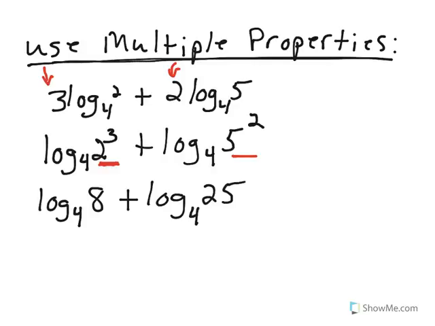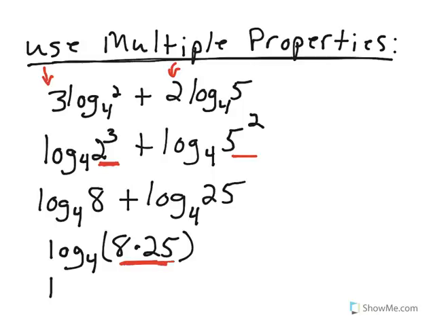Now we are going to rewrite this using the product property, which states that we can write it as a single logarithm, log base 4 of 8 times 25. Now we can calculate 8 times 25, and we get a final answer of log base 4 of 200.